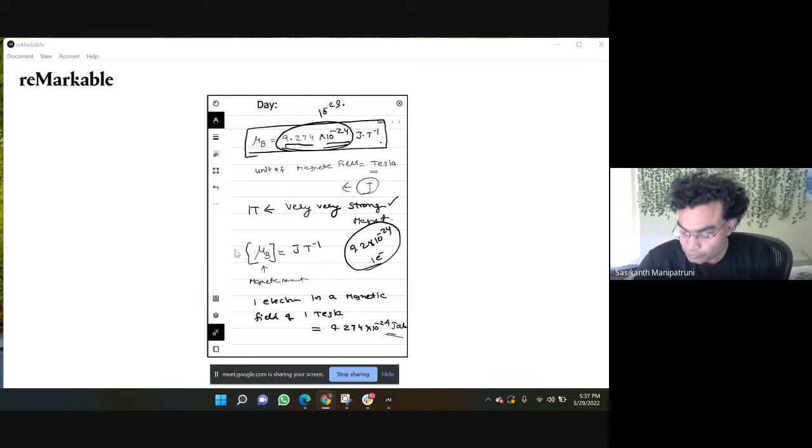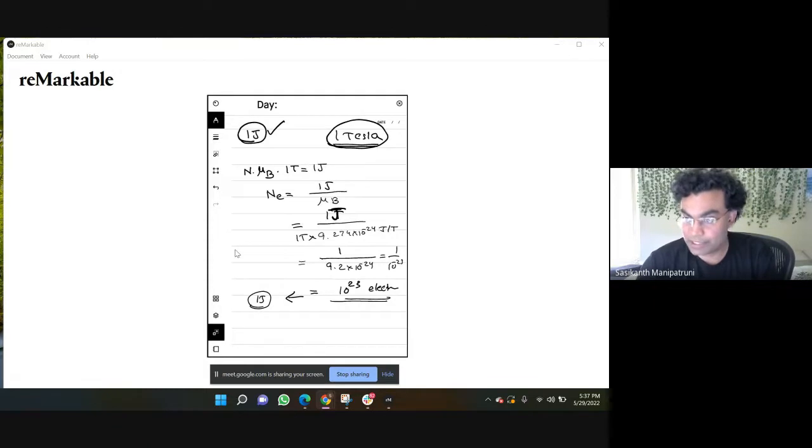So what does that mean? It means that in order to expend 1 joule of energy, you need 10 to the power 23 electrons in a 1 Tesla magnetic field. That's a huge amount of magnetic moment and a huge amount of electrons.